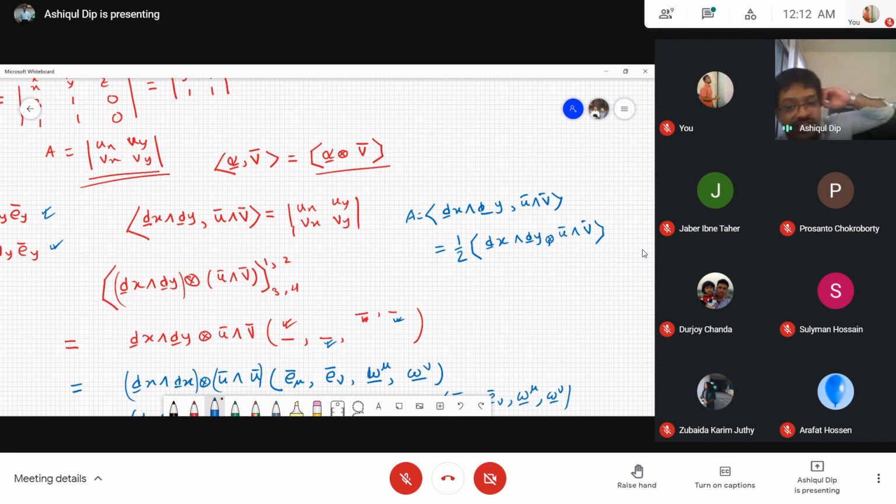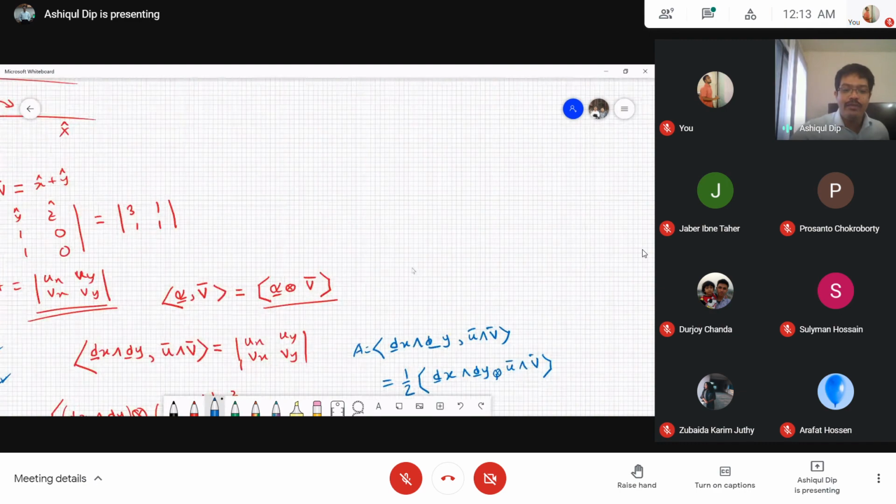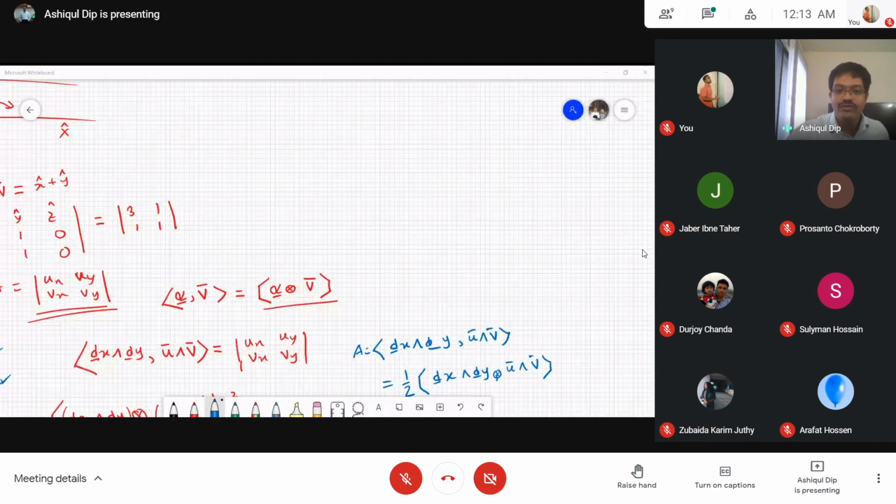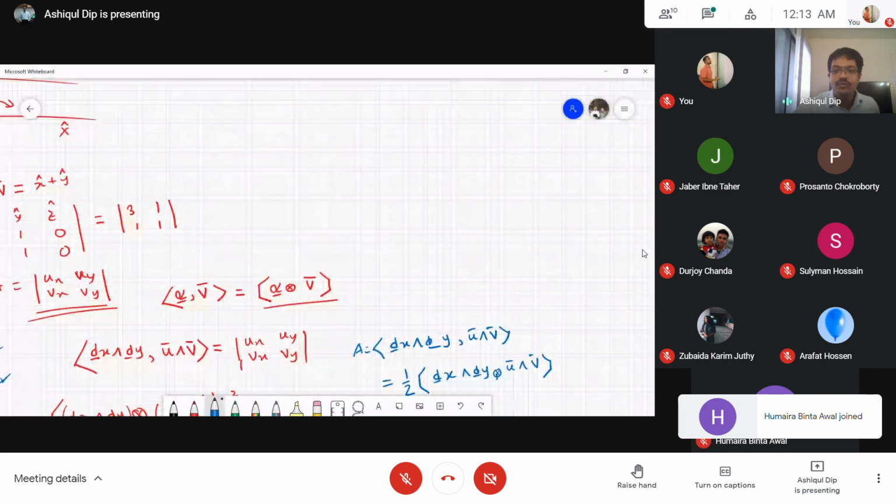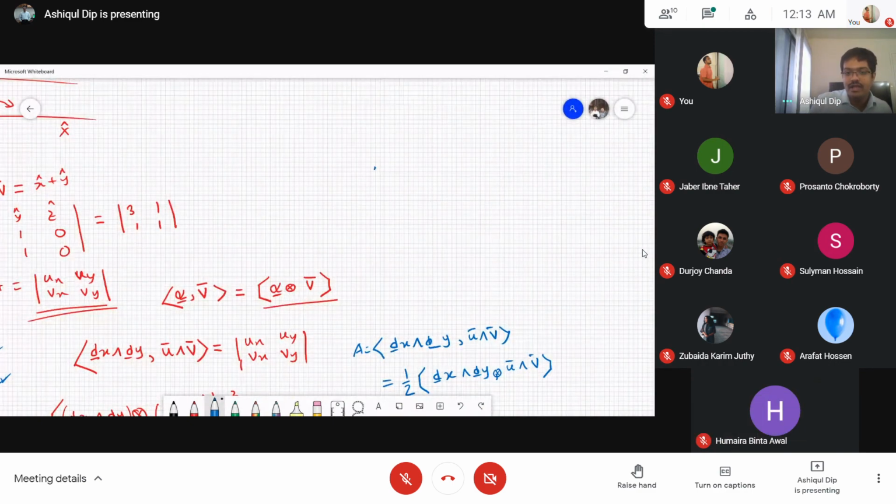So is this true for every case? If you have a piercing between a p form alpha and a p vector v, you can assume it should be equal to some factor times the complete contraction of these two things.